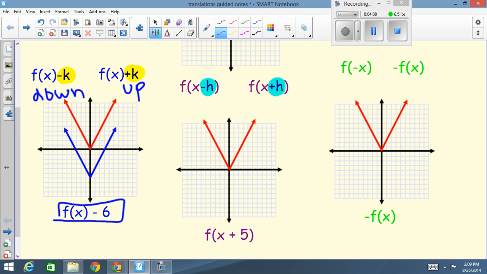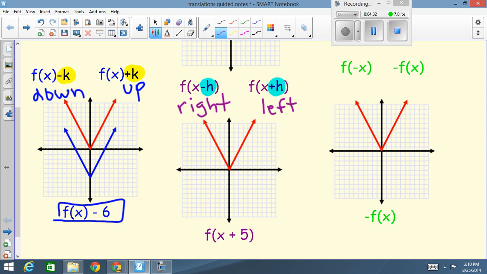You might expect a minus to shift a function to the left, because that's the direction negatives go. But actually a minus shifts the function to the right, and a plus on the inside shifts the function to the left. So that's kind of the opposite of what you might expect.